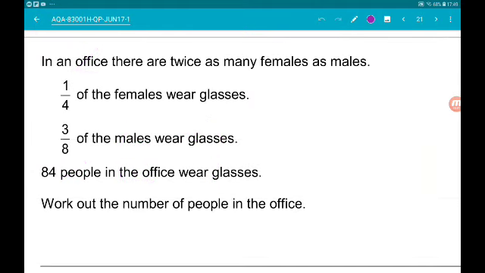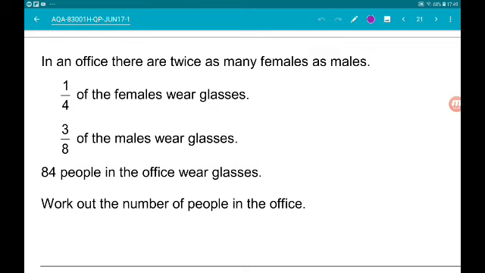In 25 we got a tricky fraction problem. So in an office there are twice as many females as males. 1/4 of the females wear glasses, 3/8 of the males wear glasses. 84 people in the office wear glasses.